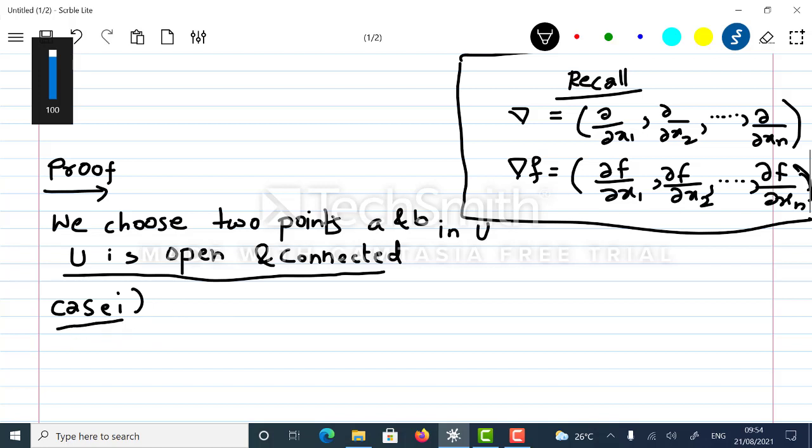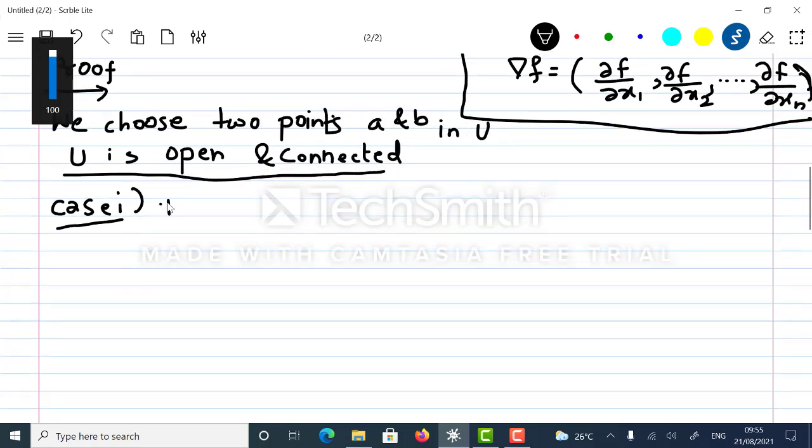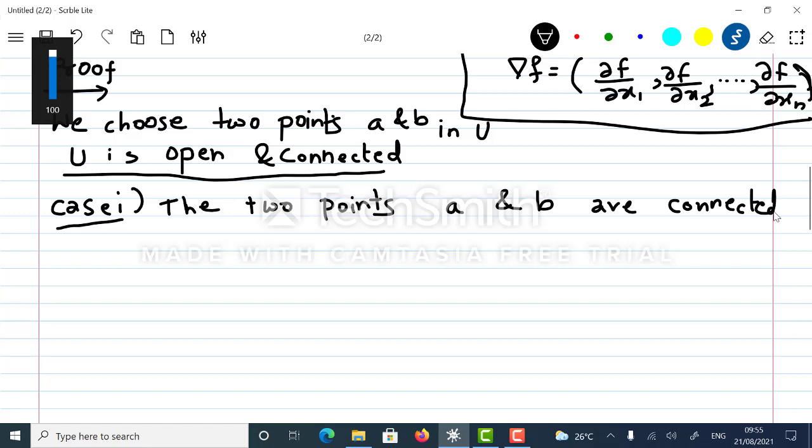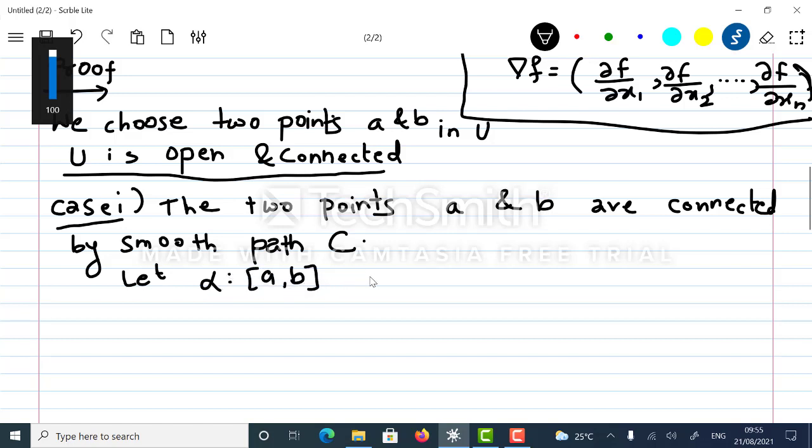So the 2 points A and B are connected by a smooth path, and the smooth path is called C. So let alpha be a parameterization for C, alpha from closed interval A comma B to U, which is a subset of Rn.